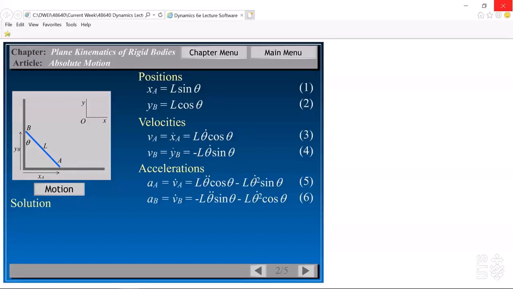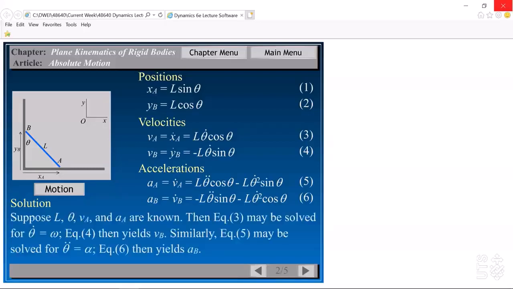And also the relationship between aB, the acceleration of point B, and the angular acceleration of this bar AB. So this is the absolute motion analysis used in this problem.